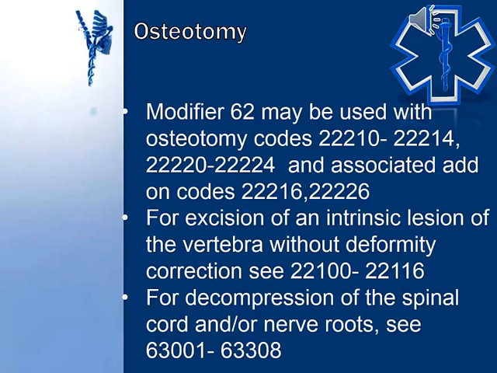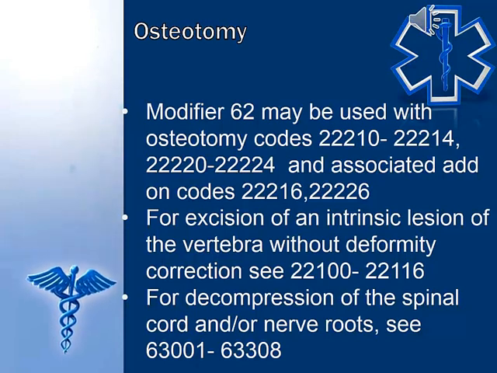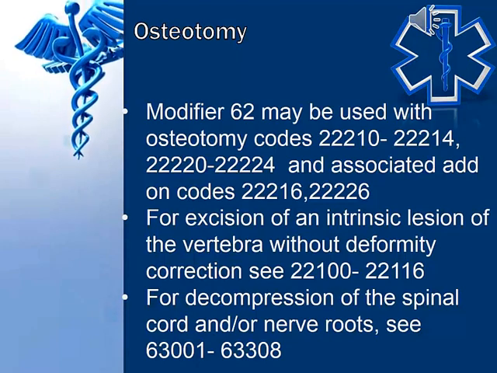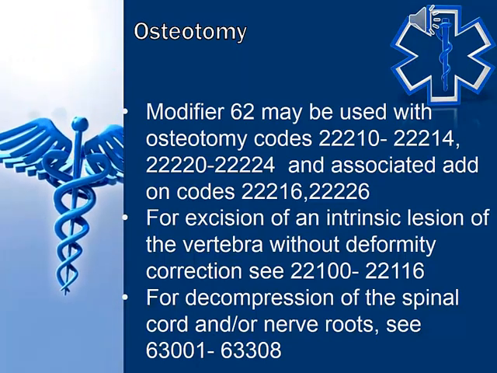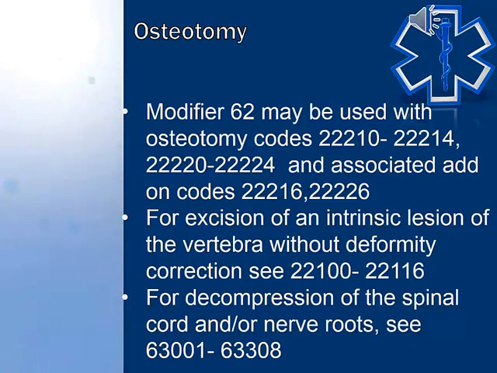For these particular codes, you may use Modifier 62 as needed for codes 22210 to 22214 and 22220 to 22224, and associated add-on codes 22216 and 22226. Okay? And again, you will use the Modifier 62 when two surgeons work together as a primary surgeon performing distinct parts of a procedure. Okay?